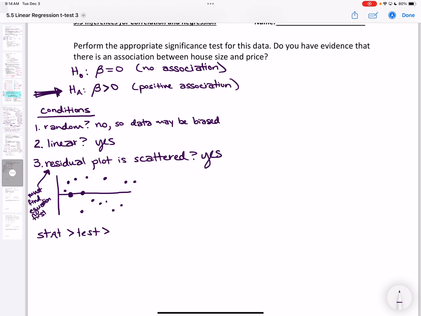All right, so stat test, it's option F, which is linear regression t-test. My x's are in L1, my y's are in L2, and I'm using what symbol? Greater than. Okay? So when you run the test, you get that t is equal to, yes, so if you think about that, if there is no association, that would be 0. Where is that test statistic compared to that?